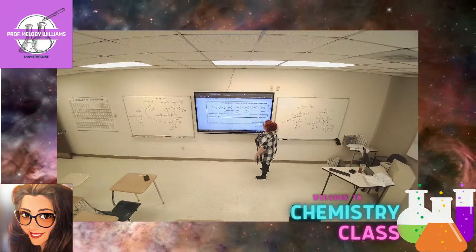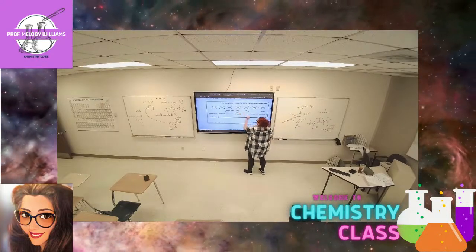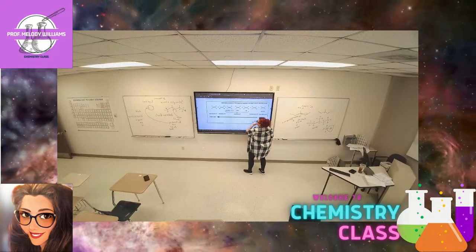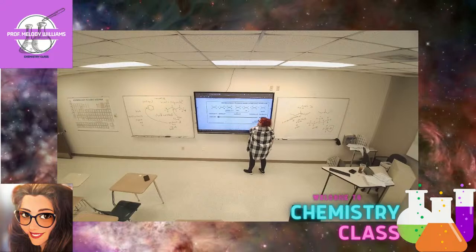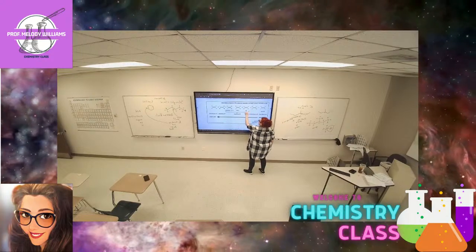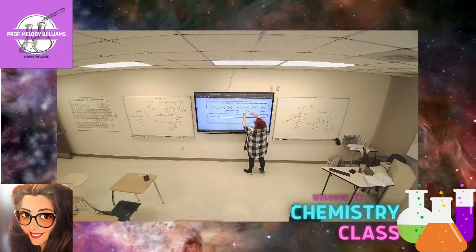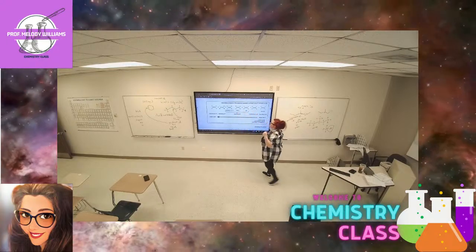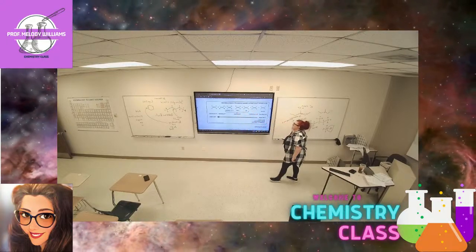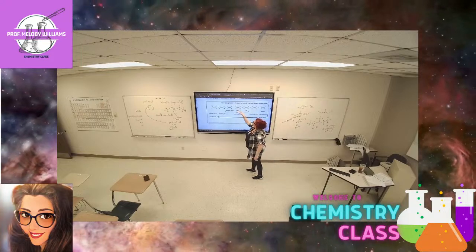Now this is where we come back to cis versus trans. When we're looking at a double bond, are the substituents of interest on the same side or on opposite sides? Opposite sides are more stable than same side.